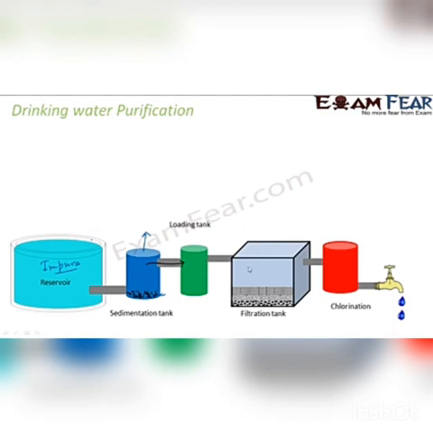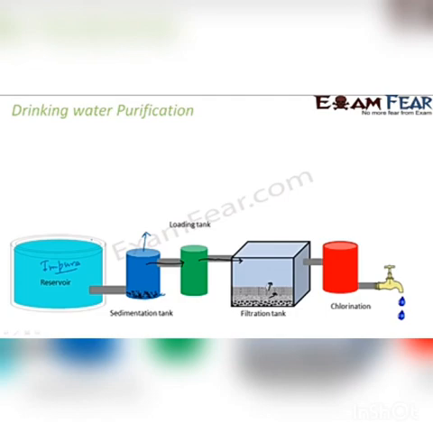Now this water is again allowed to pass through a filtration tank. In this filtration tank we have sand, gravel, and coarse stones. The sand is on the top layer, then we have gravel, and then coarse stones. These are charged sand.